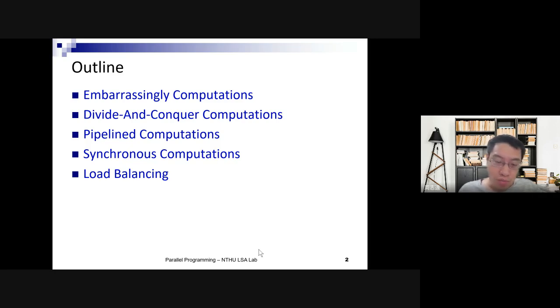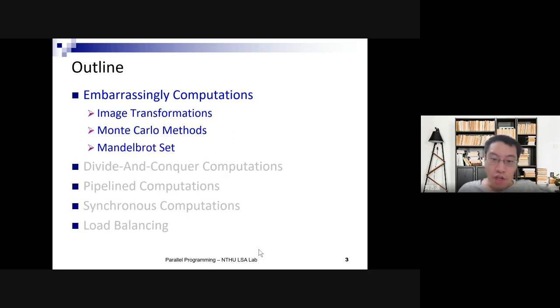So we usually want to make sure the load is balanced, so everyone can finish roughly at the same time, to avoid idle time or resource wasting in the parallel computation process. All right, so we will spend a couple of lectures talking through all those computations and the techniques for load balancing.